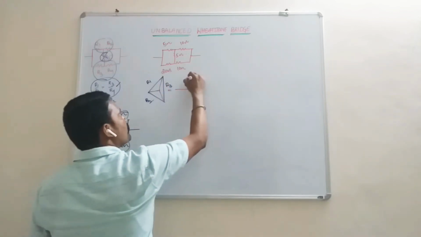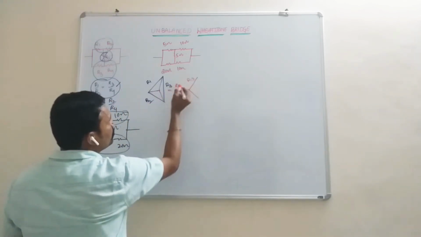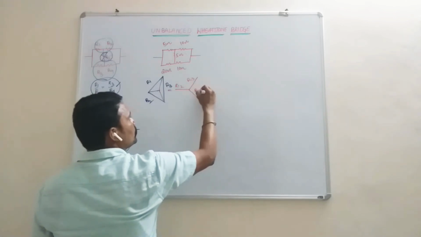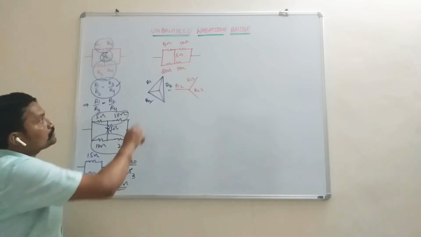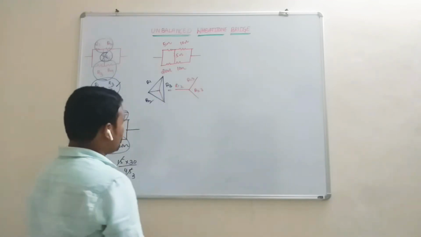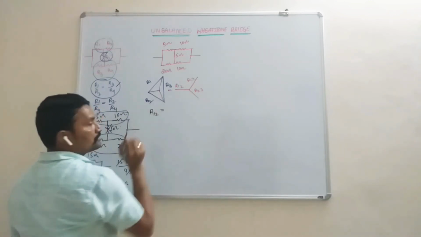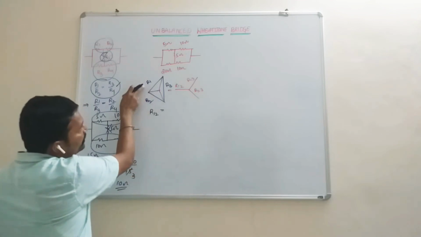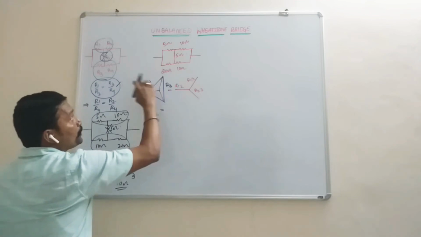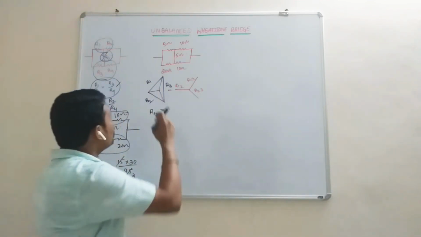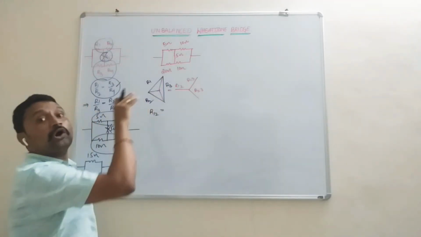This is the combination of 1 and 3, R13. This is the combination of 1 and 2, R12. This is the combination of 2 and 3, R23. So how do we write it? Look here: R12 is the equivalent resistance of 1 and 2. It is the product of the two sides of the delta divided by the sum of all the resistors.